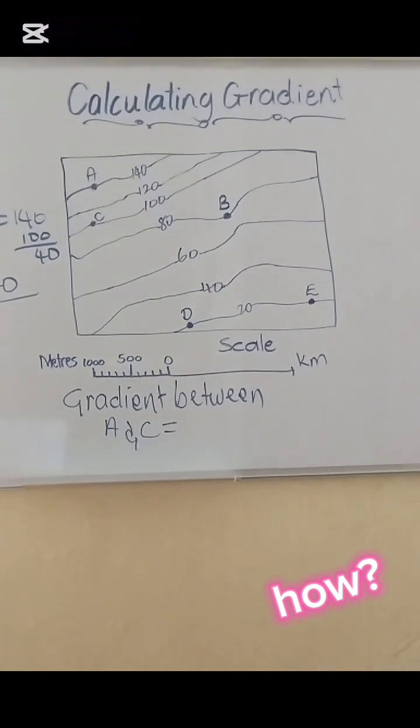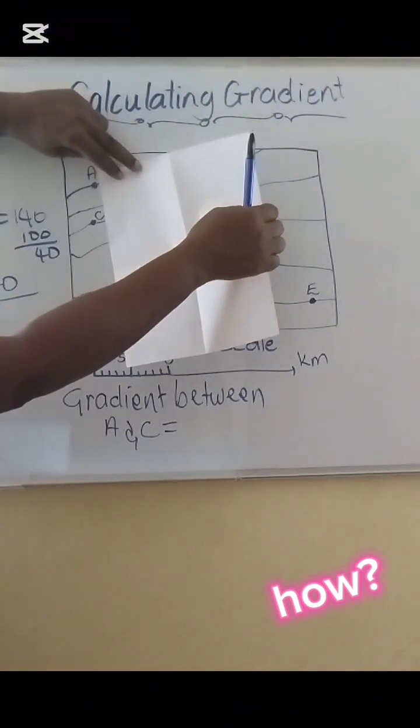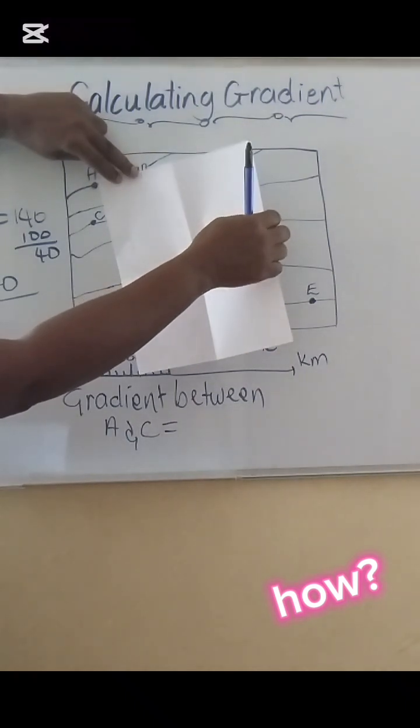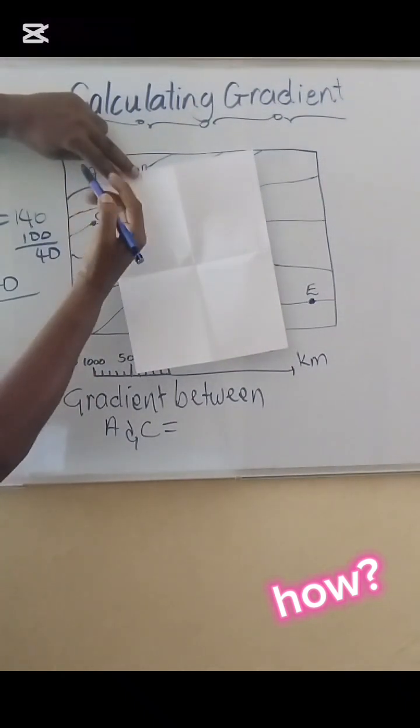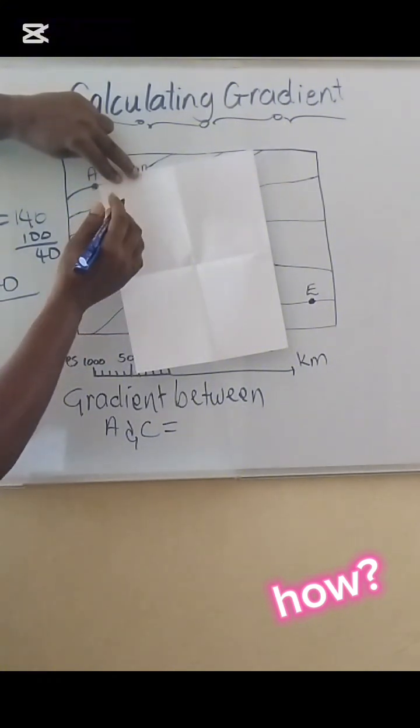It's good if you could use a paper. It's workable. Making sure that the edge is straight. Place it. So my first point, I'm going to mark it exactly where the contour is.